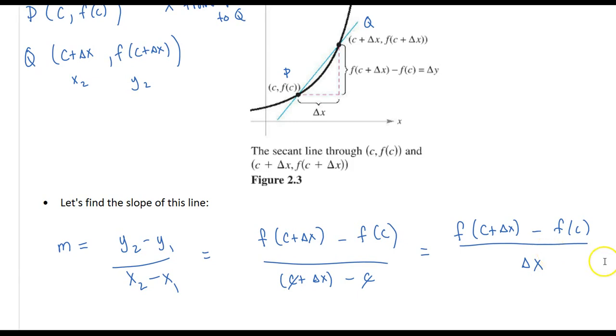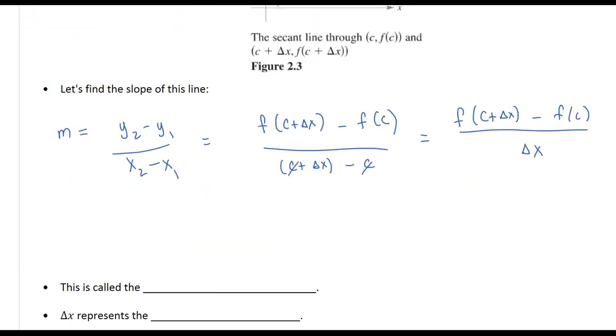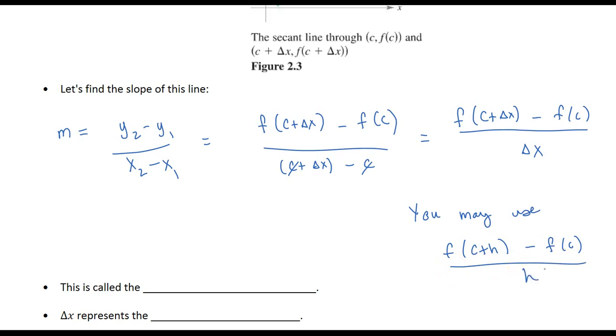Now, some people like to use an h instead of delta x. So if you're more comfortable, you may use f of c plus h minus f of c divided by h. Nothing wrong with that. You've probably seen an expression very similar to this before.